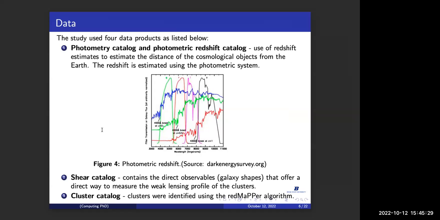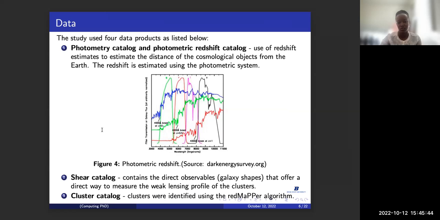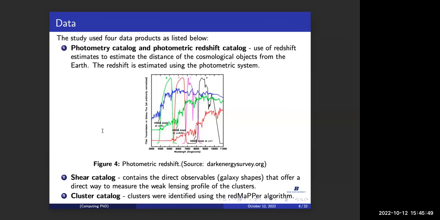Okay, Titus. When you were talking about the resolution, were you referring to the resolution of the images taken by the telescopes? Yeah, in this case, yes. Can you tell me a bit about how the resolution affects the cluster masses?